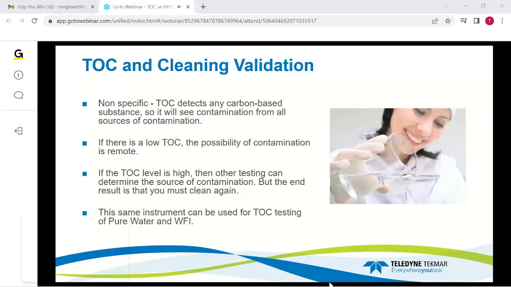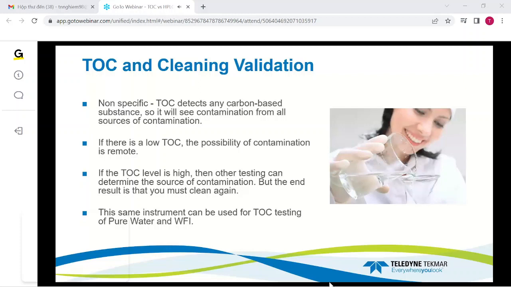The newest update to USP 643 talks about your storage and bulk water that you're using in your manufacturing facility for pharmaceuticals. And it's also used for water for injection when you're looking at injectable drugs. That water has to be below a certain TOC content. So you're getting a lot of bang for your buck with this type of system.